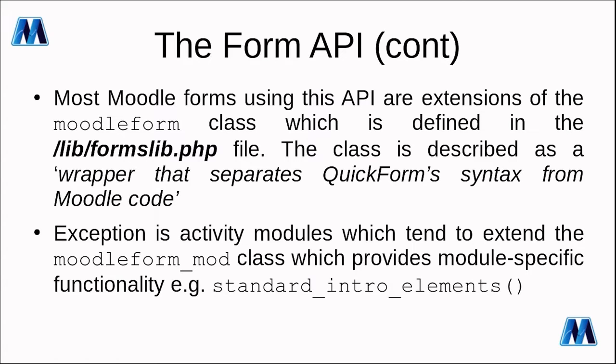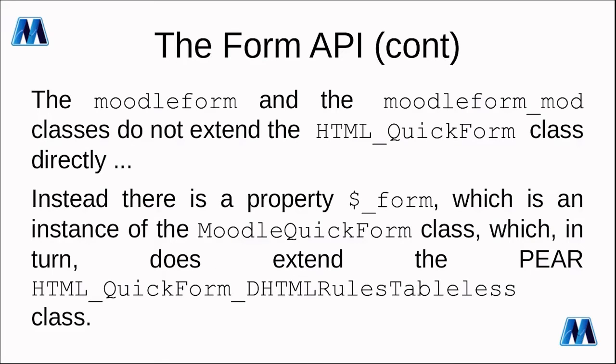For example, the standard _intro_ elements, which we will talk about at some point later on. The moodleform and the moodleform_mod classes do not extend the HTML QuickForm class directly. Instead, there's a property $_form, which is the instance of the MoodleQuickForm class, which does in turn extend the PEAR library classes. Okay.